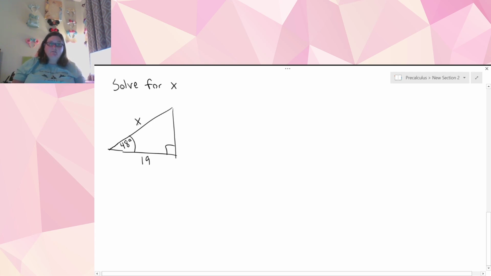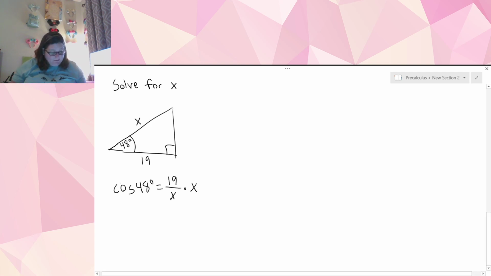The trig function that relates that angle to 19 and x is cosine. So cosine of 48 is going to be equal to my adjacent, which is 19, over my hypotenuse, which is x. Now I've set myself up with an equation that I can solve to find out what x is.